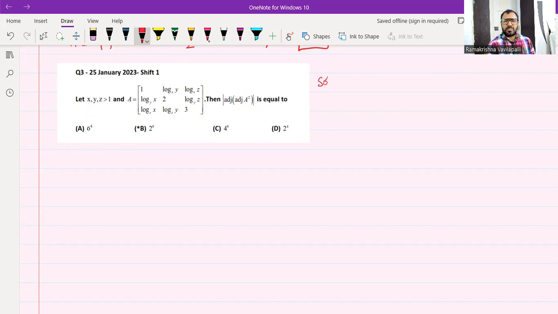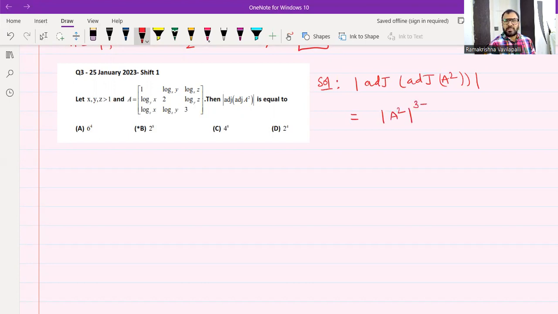So first, let us write what is the determinant of adjoint of adjoint of A. So here we have two adjoints. This is equal to determinant of A to the power of (n minus 1) whole square.